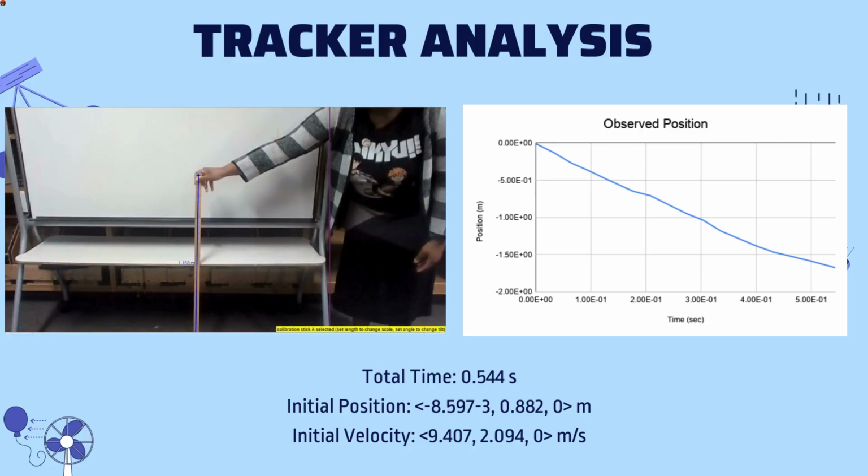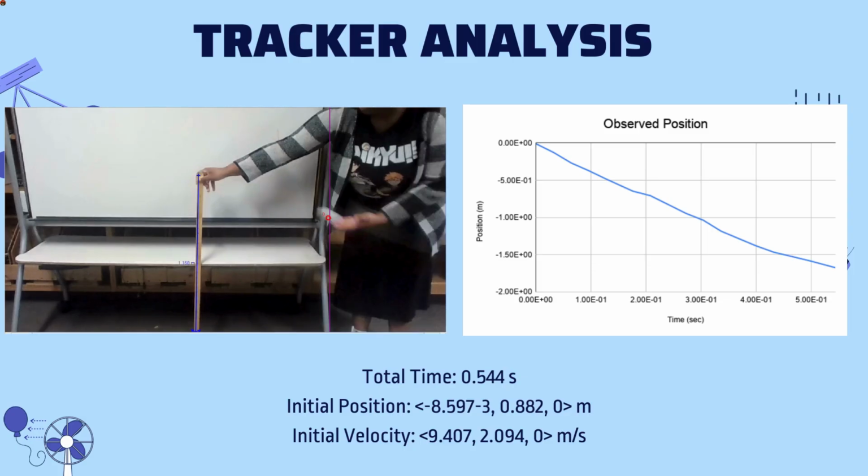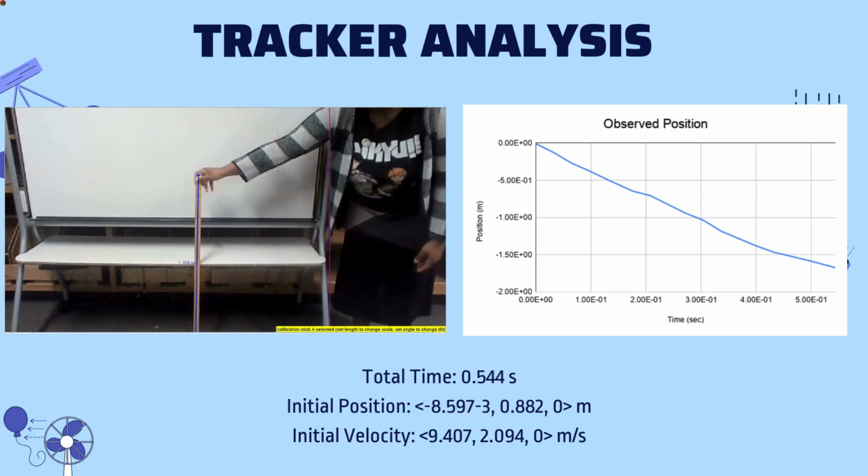For the analysis, we see firstly going over the Tracker analysis. The total time for this analysis was 0.544 seconds, with the initial x position being negative 8.597, the y position being 0.882, and z being 0 meters.